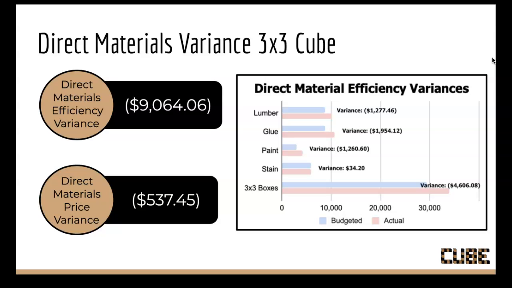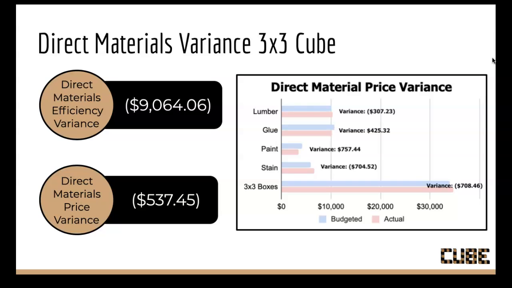Glue had the second largest unfavorable variance of $1,954.12. And for our direct materials price variance, the variance was $537.45, which was also an unfavorable variance.